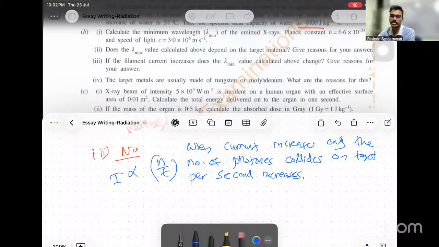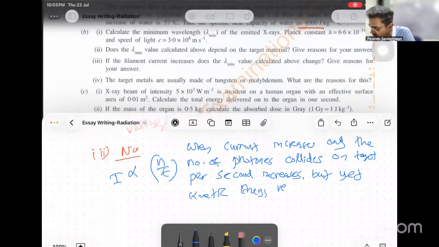Only the production increases, but yet the kinetic energy remains unchanged, because kinetic energy depends only on the potential difference. We said that earlier from the equation. Kinetic energy depends only on the potential difference.